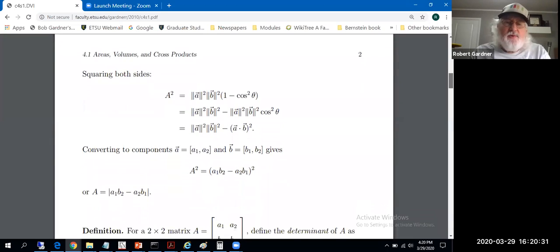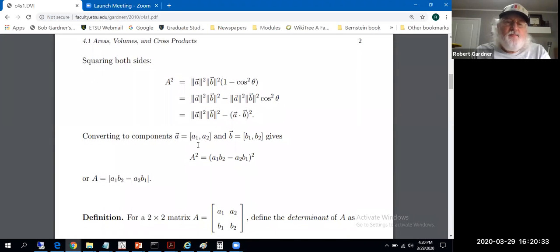We want to write those vectors in terms of components. If vector A has components A1 and A2, remember all this was happening in the Cartesian plane, so these are vectors from R2, and vector B has components B1 and B2, then, trust me, it skips some arithmetic here, the magnitude of A squared is A1 squared plus A2 squared, and magnitude of B squared is B1 squared plus B2 squared.